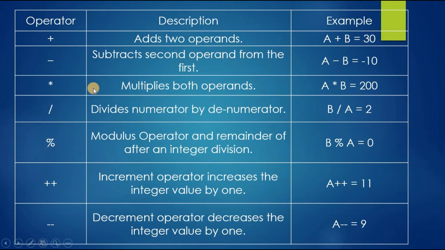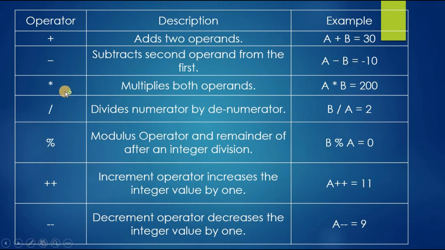The next operator is the minus sign. It subtracts the second operand from the first operand. Example: a minus b is equal to minus 10, because a is 10 and b is 20, so we got a result of minus 10.